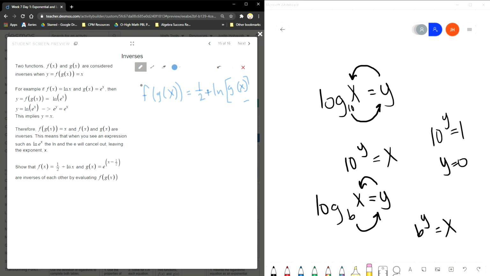Essentially, what's the input of f? Oh, it's the whole thing, g of x, right? So what is g of x? G of x is e to the x minus 1/2. So let's write that down here. We have 1/2 plus ln of g of x. G of x is this. So e to the x minus 1/2.